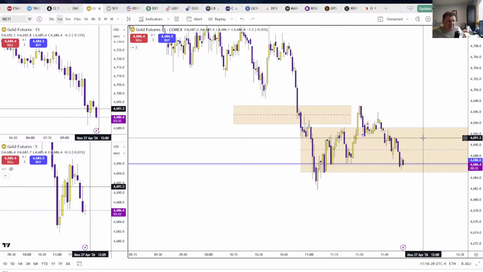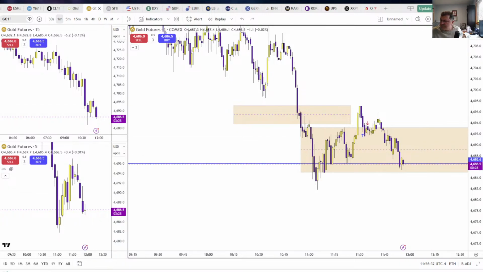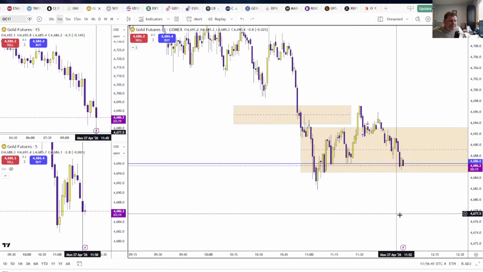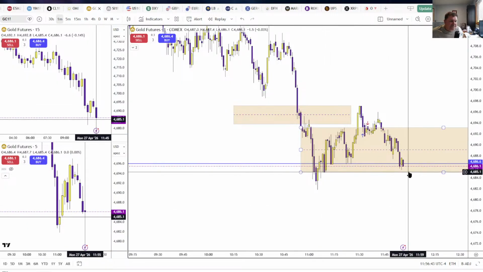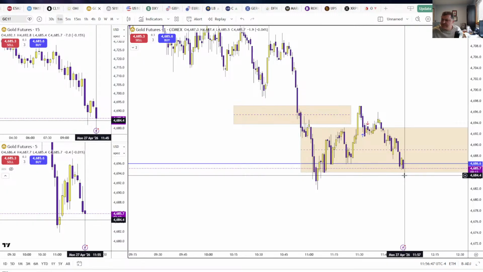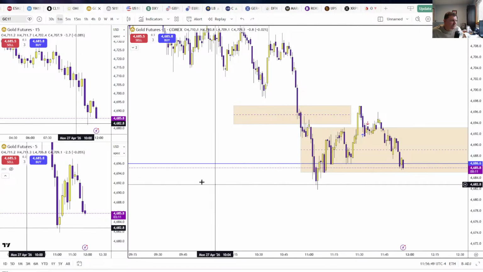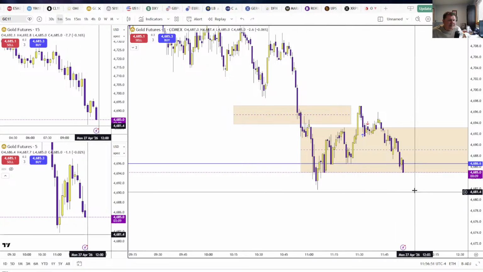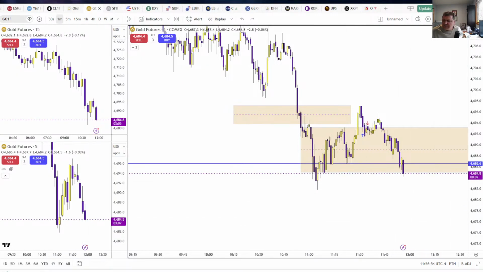Where's my stop going to be? 146.31. Nice. Model 4 done. Move to break even.